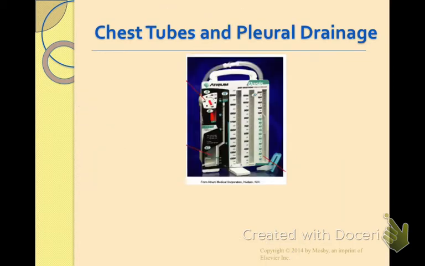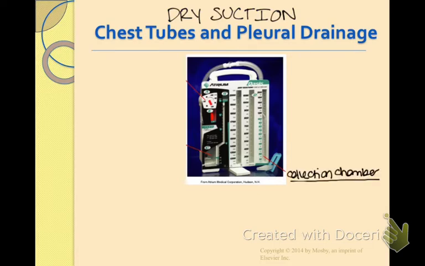All right, the difference between a water seal and what this is, which is a dry seal, is you still have the collection chamber. So you still have this collection chamber. Functions the same. You still have the water seal chamber right here in C. Functions the same. 2 centimeters of water acts as a water seal.